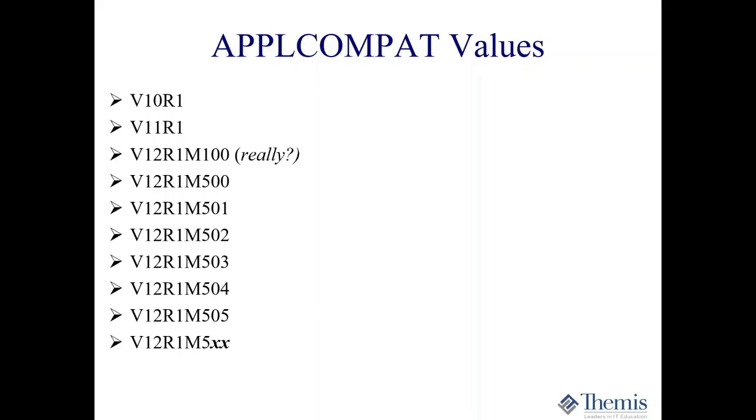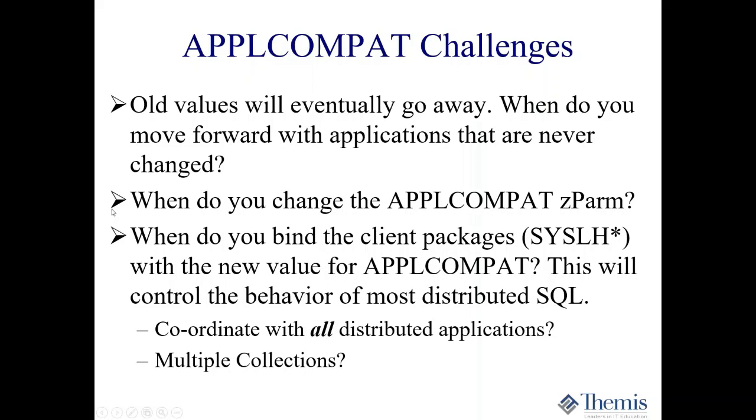And so I would jump the 100 and go straight to the 500, right? So we have all the way, 500, 501, 2, 3, 4. M505 is the latest to come out. And then I put a placeholder at the bottom for any yet to be released function levels. There'll be, I would imagine 3 or 4 of these a year going forward that deliver new features to us, continuously, as the name of the feature would suggest.